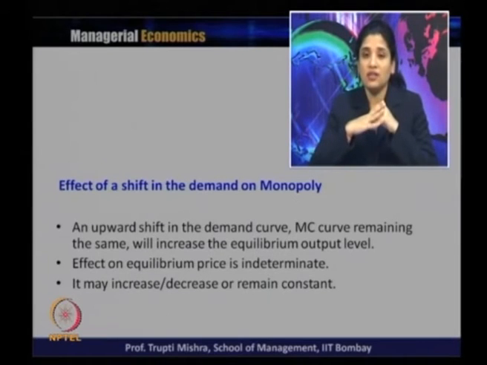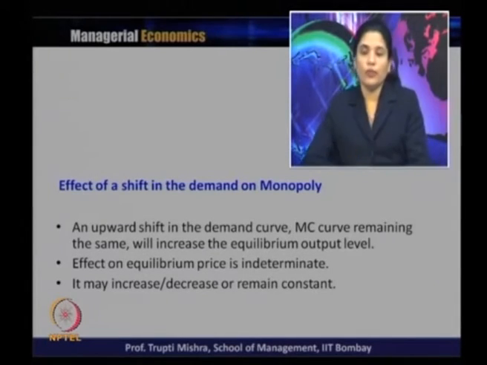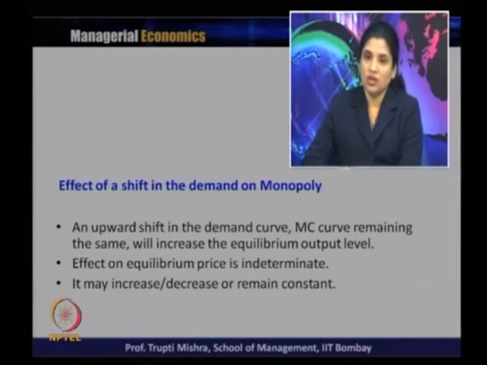So, MC remains the same, with an upward shift in the demand curve. Generally average revenue shifts up, so equilibrium output will increase and the effect on the equilibrium price remains indeterminate. It is difficult to predict whether the equilibrium price will increase, decrease or remain constant with an upward shift in the demand curve.